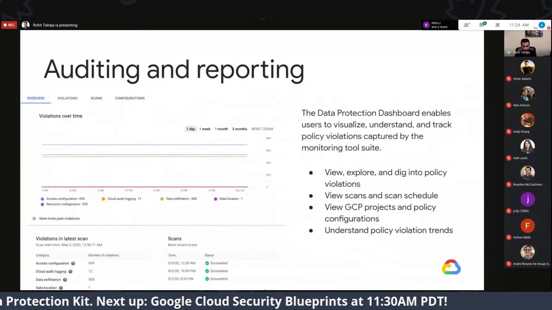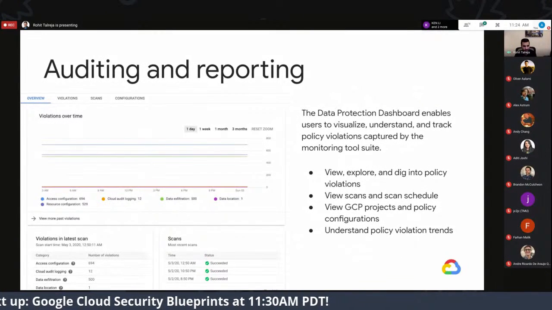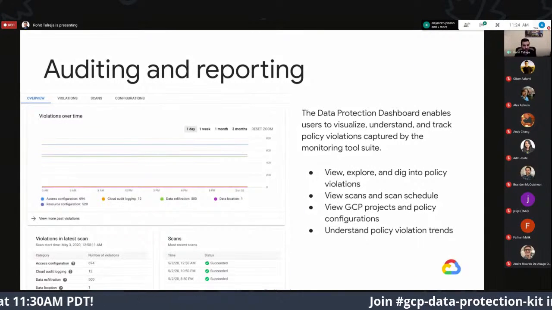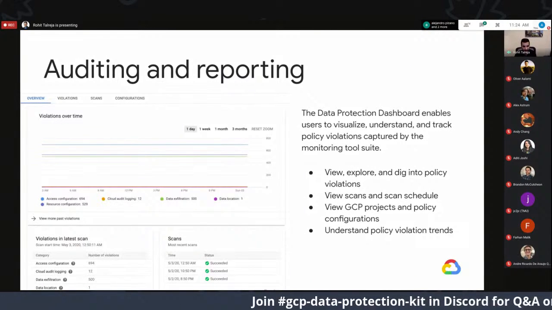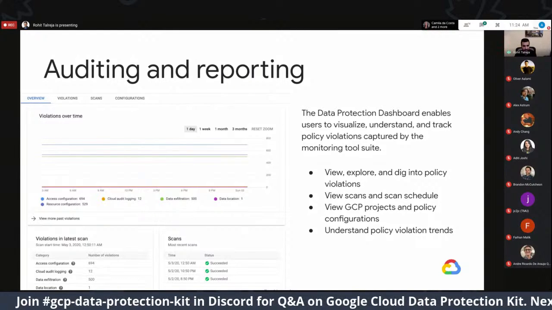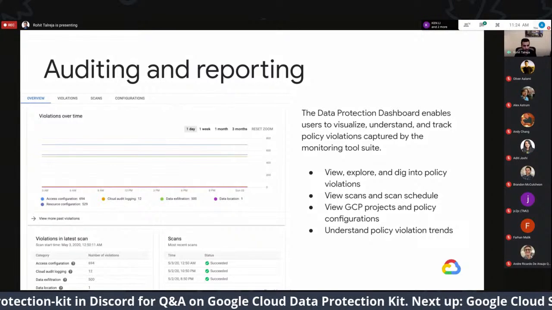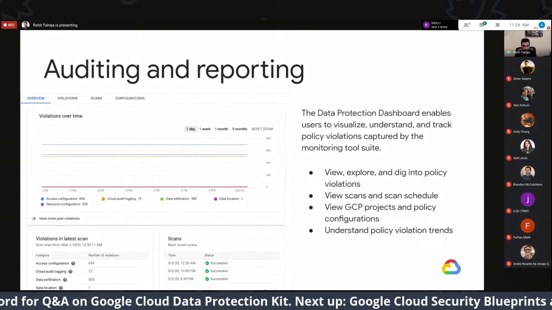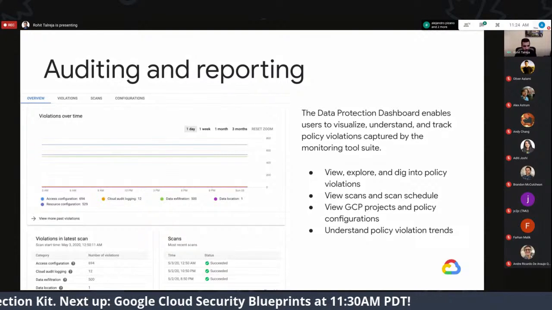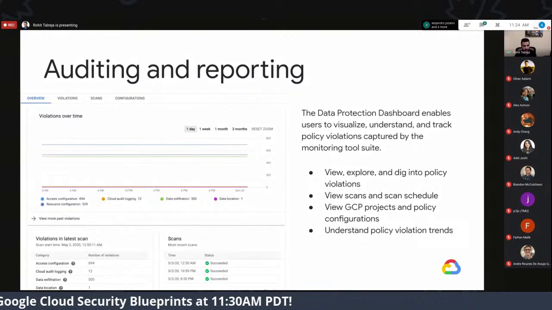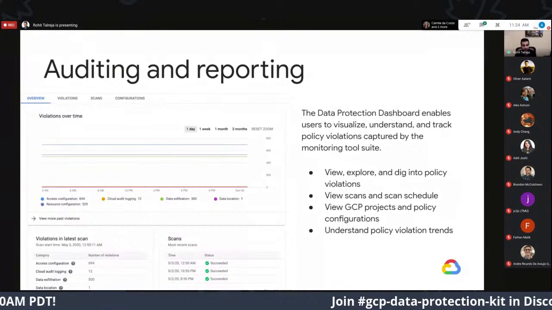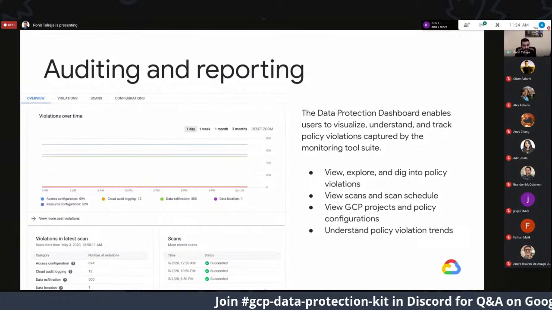And finally, tying everything together, it's the visualization piece, or what we call the auditing and reporting piece. Here our data protection dashboard enables users to visualize their policies, visualize their environments, understand the security, privacy and compliance posture of the workloads, and then dig deeper into any issues that have occurred or been detected from the scanning tools.